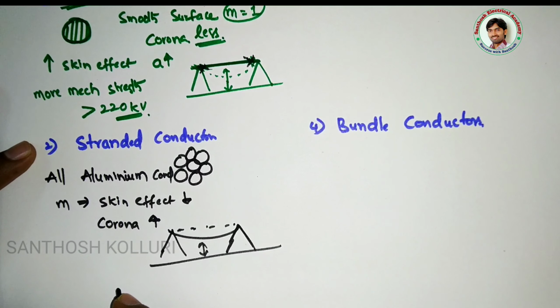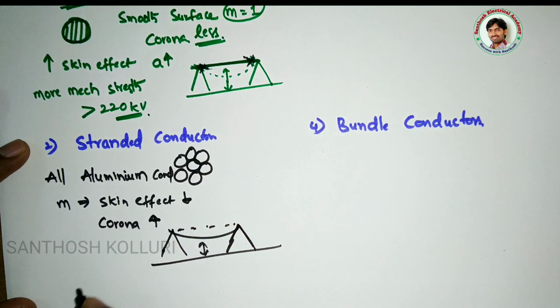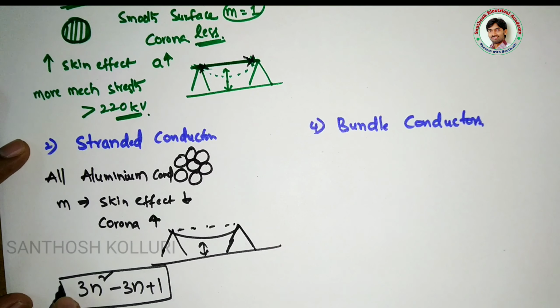The number of strands in a stranded conductor can be calculated by using this formula: 3n square minus 3n plus 1, where n is the number of layers.